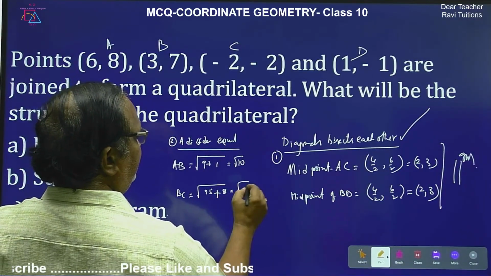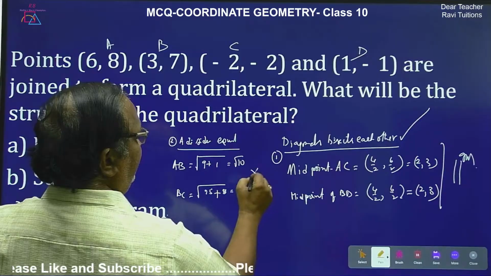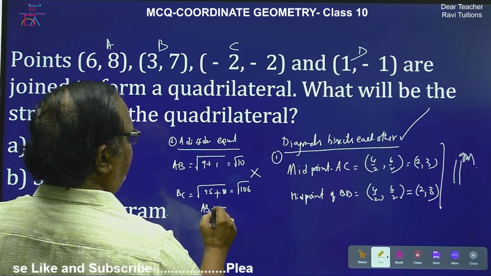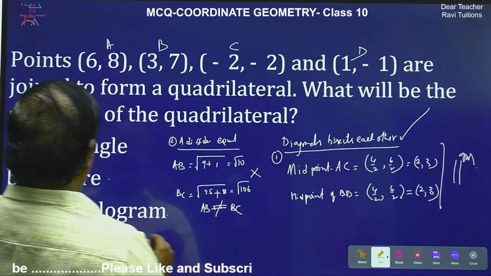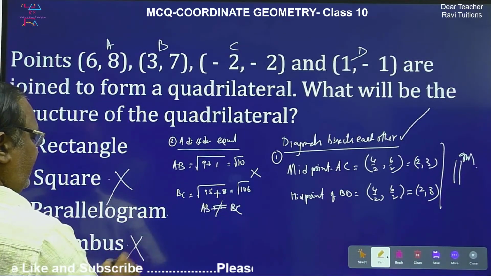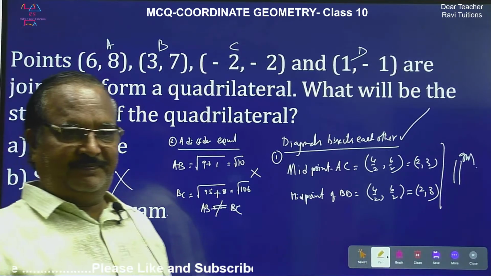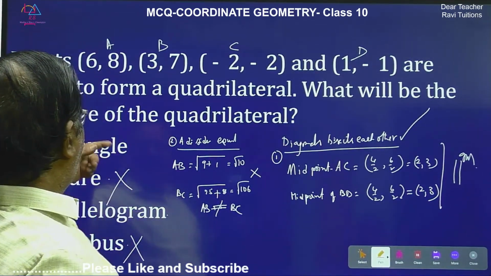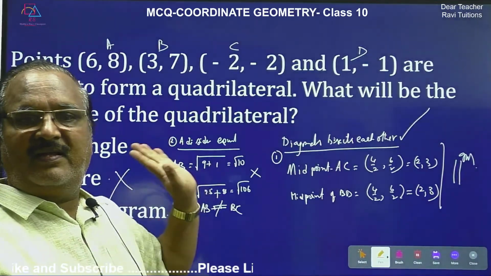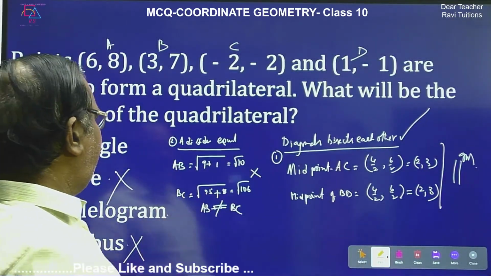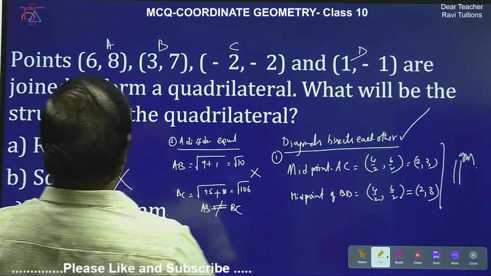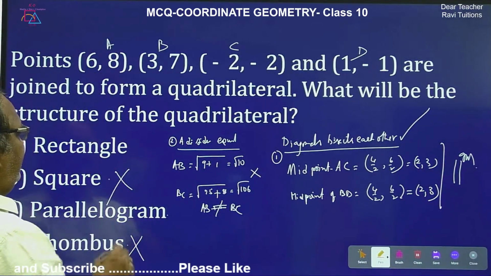Then how much? 106. Not equal. That means AB is not equal to BC. Therefore it cannot be a square, it cannot be a rhombus. So it is a parallelogram, we have to check whether it is a rectangle or not. Adjacent sides are not equal, so with these two things we got a parallelogram and two things are eliminated, only one thing remains.